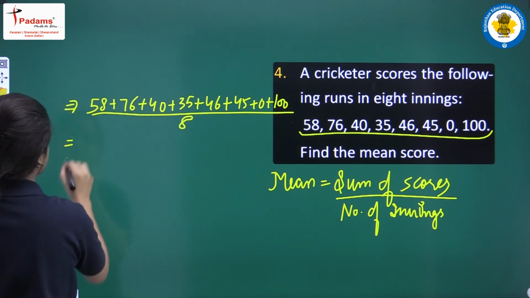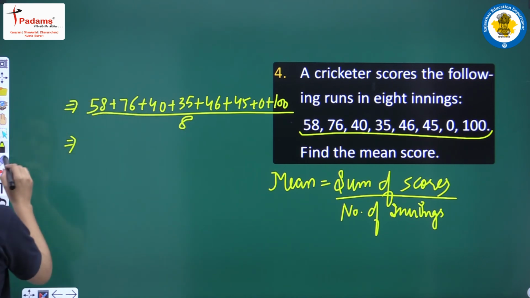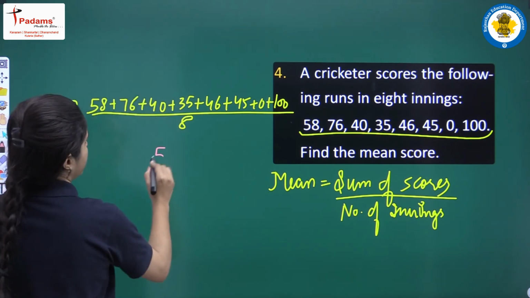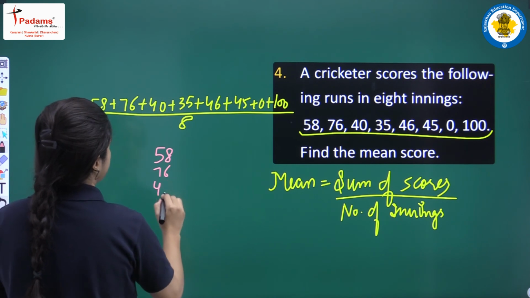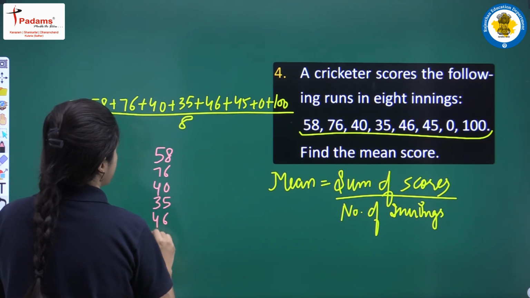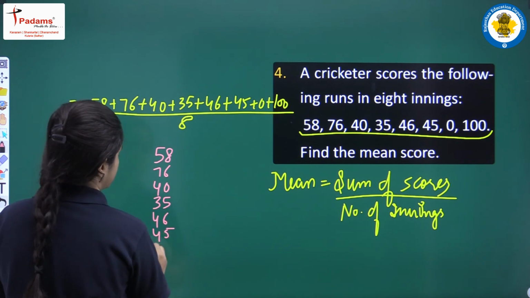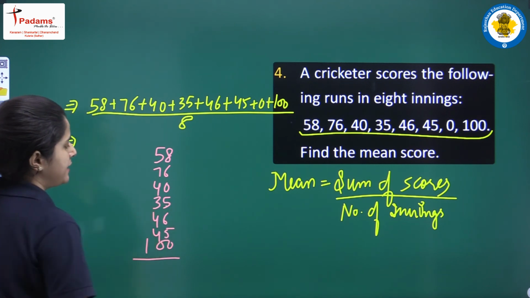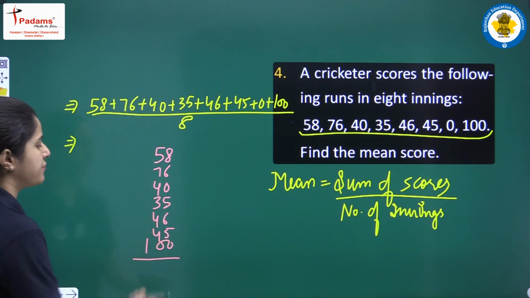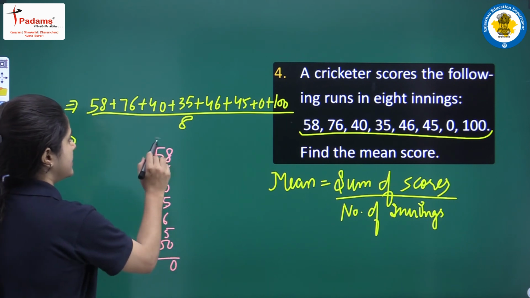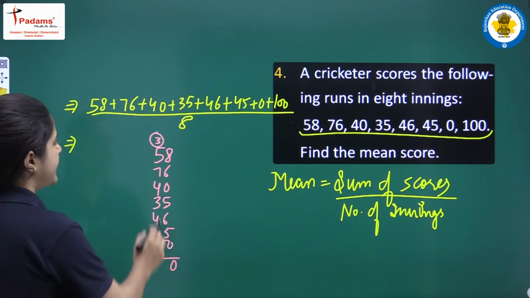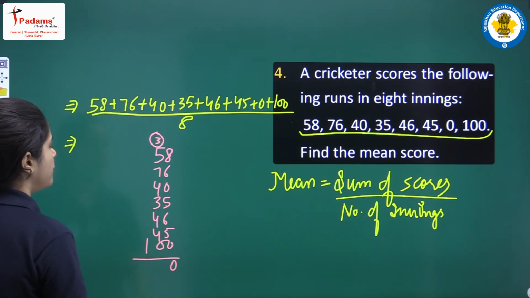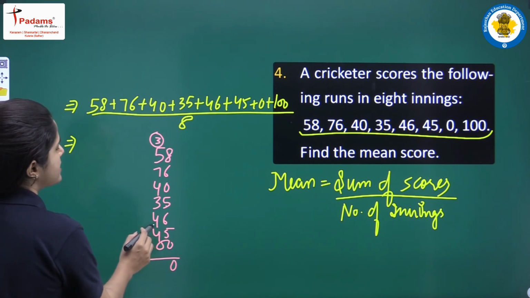Okay, find the sum of these all. 58 plus 76 plus 40, 35, 46, 45 and 100. 8 plus 6 is equals to 14. 14 plus 5, 19. 19 plus 6, 25. 25 plus 5, 30. 3 is in the carry. 3 plus 5, 8. 8 plus 7, 15. 15 plus 4, 19. 19 plus 3, 22. 22 plus 4 is equals to 26.